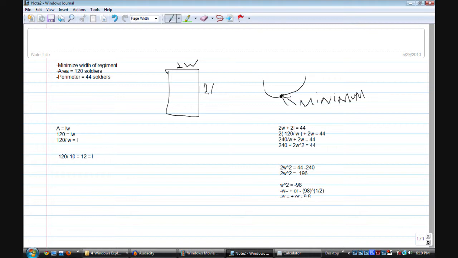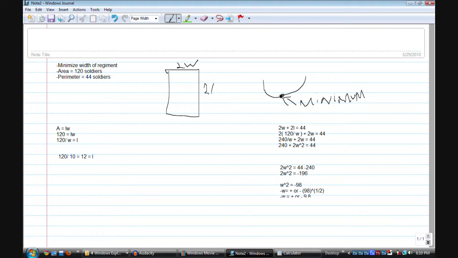And next I moved the negative sign to the left of the equal sign because that way I wouldn't get imaginary numbers when I take the square root of 98. And so again, negative W is equal to plus or minus the square root of 98, which is 9.8, and therefore I would choose the negative 9.8. So with the negative before the W, I get positive 9.8.